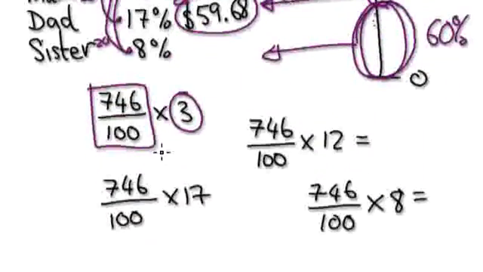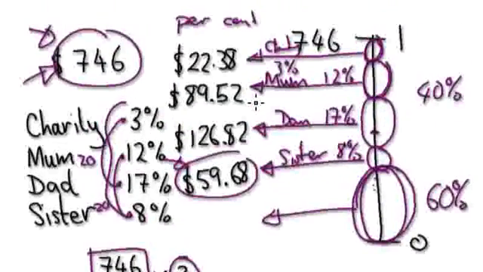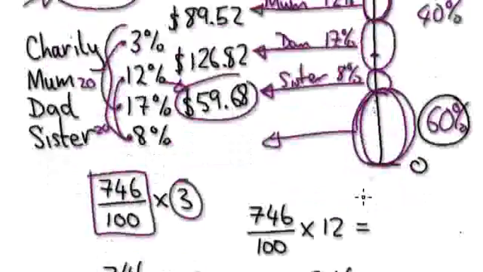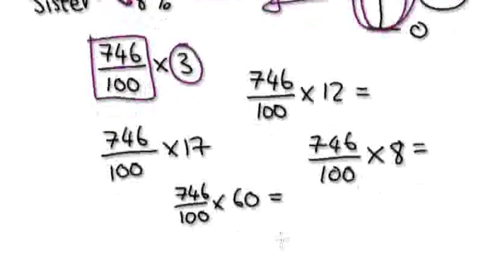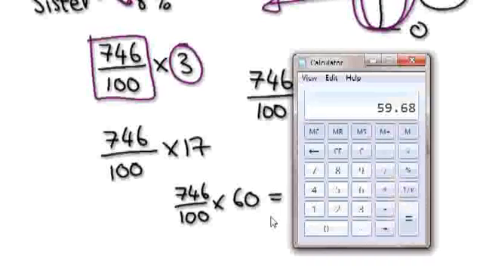So now if you want to know how much money is left for you, you've got 60% of this left for you. So you could just get your whole amount, which is 746, divided into 100 pieces, and then don't forget you've got 60 pieces left for you. So now, get a calculator.